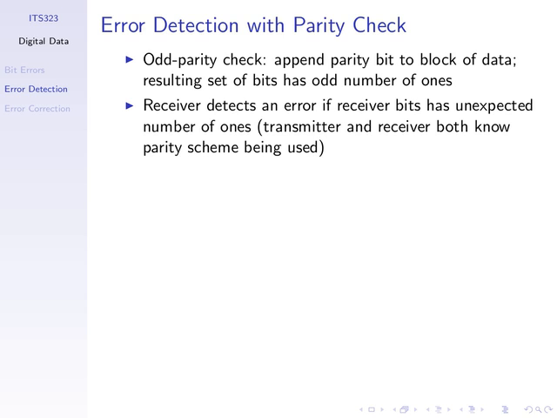So at the transmitter we take those bits and we attach a parity bit. In this case our error detecting code is just a single bit attached. The size of the parity bit in this case is 1. A 1-bit parity check. What value do we add if we're using odd parity?